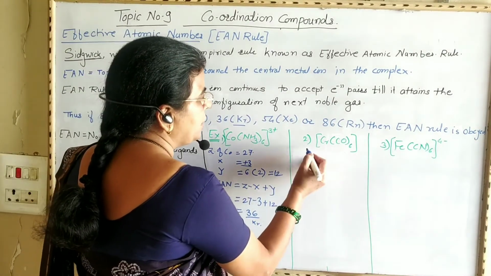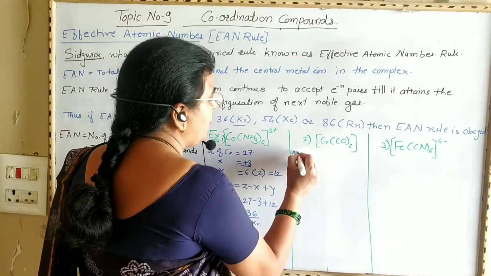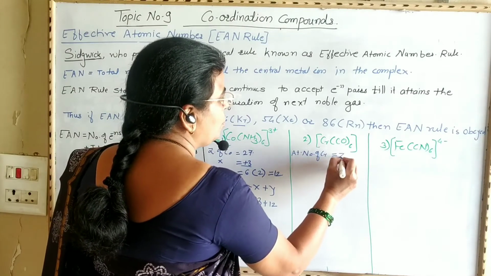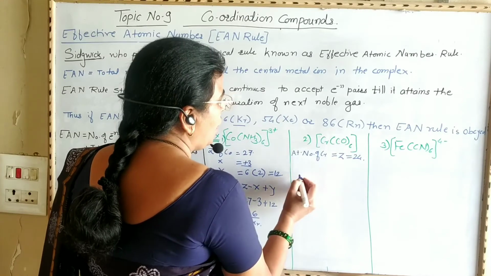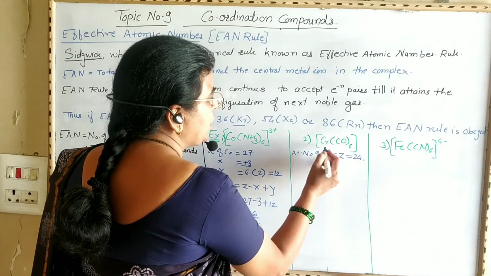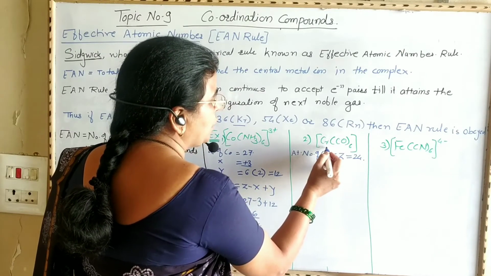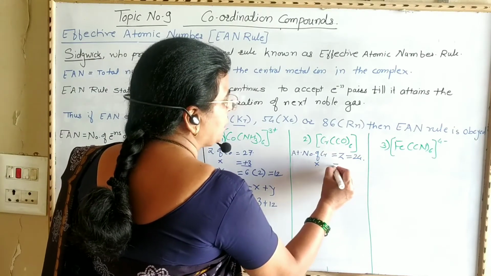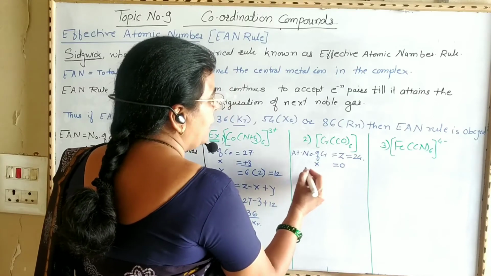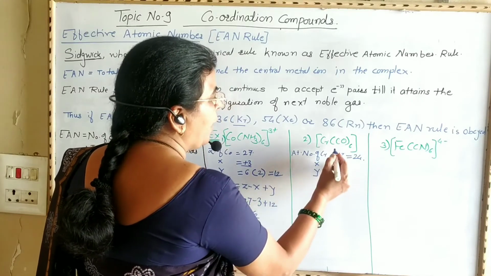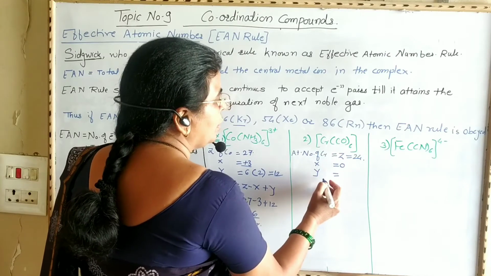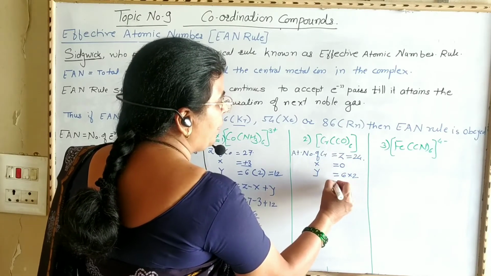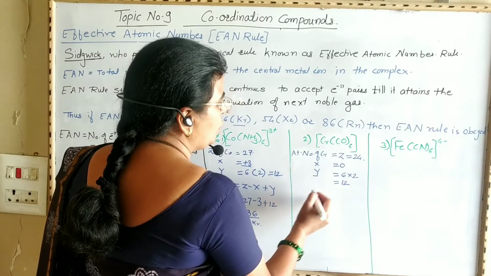Now we are going to see the second example. The atomic number of chromium, Z, is equal to 24. The oxidation state of chromium in this complex is 0, that is the value of X is equal to 0, and the number of electrons donated by ligands, that is carbonyl groups, is 6 multiplied by 2, that is each ligand donates one pair of electrons, therefore Y is equal to 12.